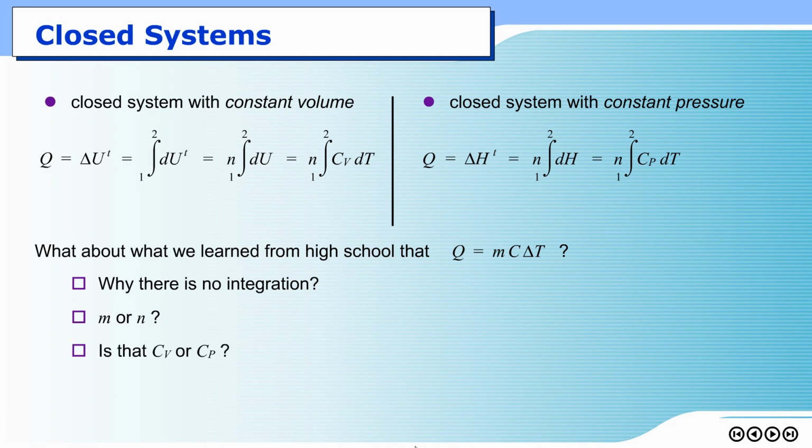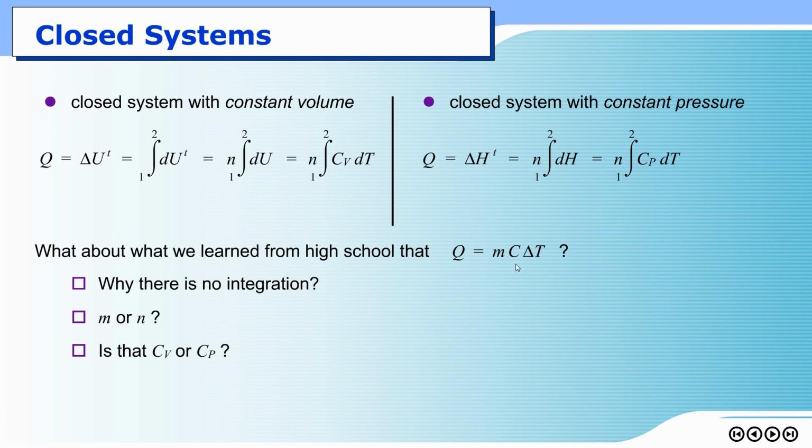The last question would be, is it Cv or Cp? In high school, it's basically just plain C, or we call it heat capacity only. But in thermodynamics, we have to define whether it is heat capacity at constant volume or heat capacity at constant pressure. So this one in particular from high school, is it Cv or Cp?